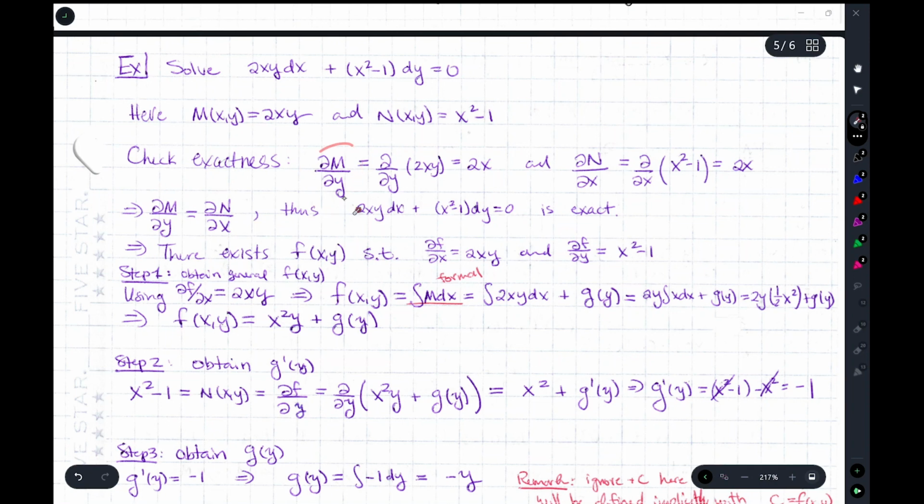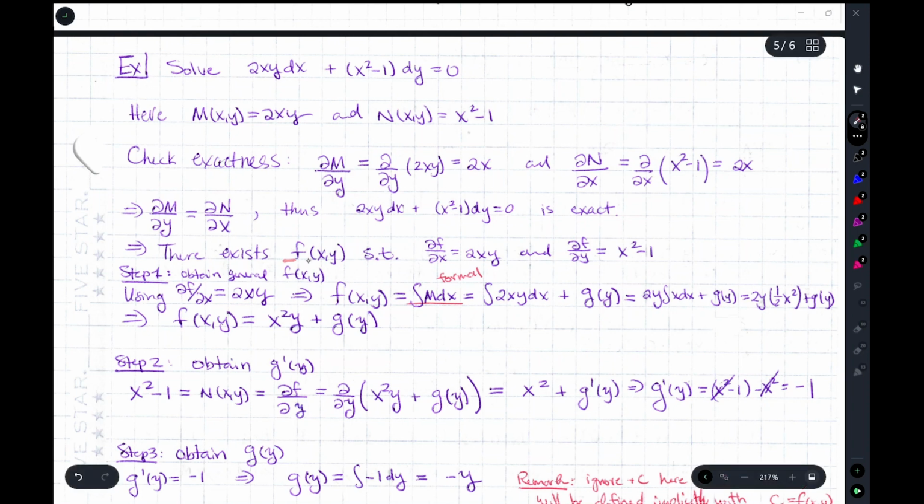We take the partial derivative of M with respect to y, and we get 2x. We now take N and take its derivative with respect to x. We get 2x. 2x equals 2x, which means partial M partial y is equal to partial N partial x, and this differential equation is an exact equation.